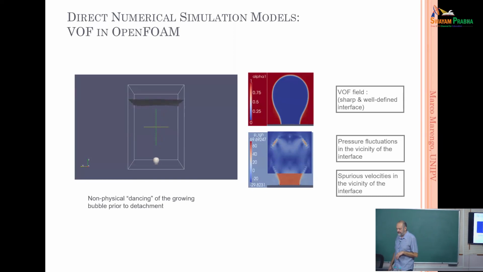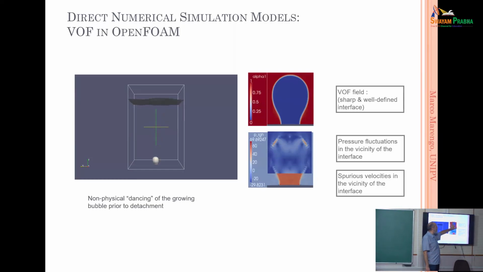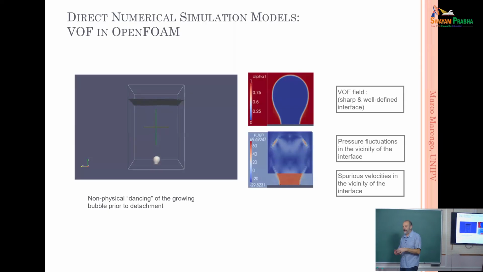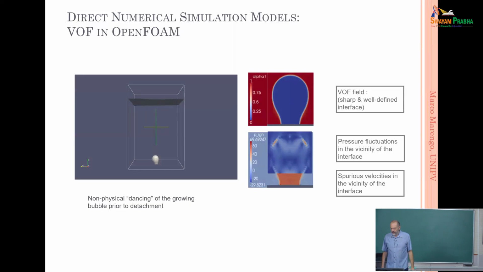And you can see, for example, in this image, that we have pressure fluctuations at the interface. This is due to the fact that we are reconstructing the surface using a kind of approximation of the value of the volume fraction when we have a variation from 0 to 1 or from 1 to 0.